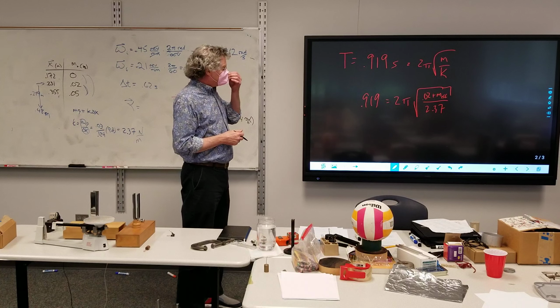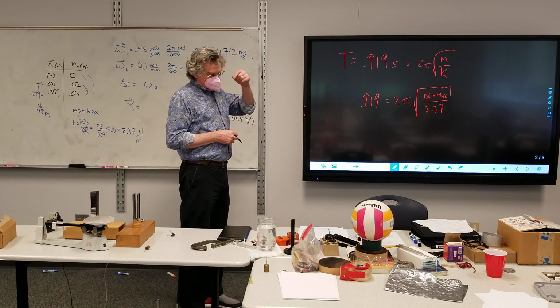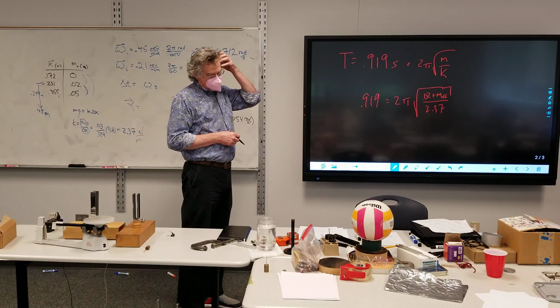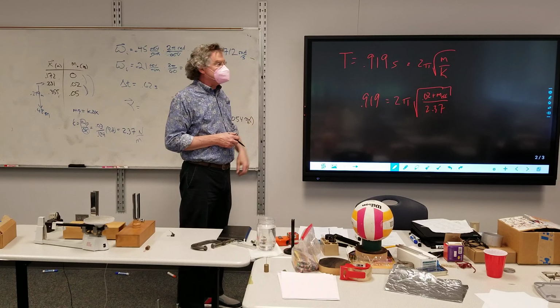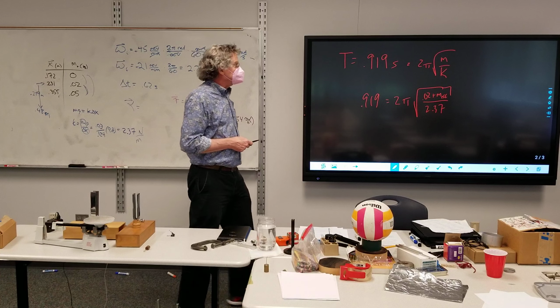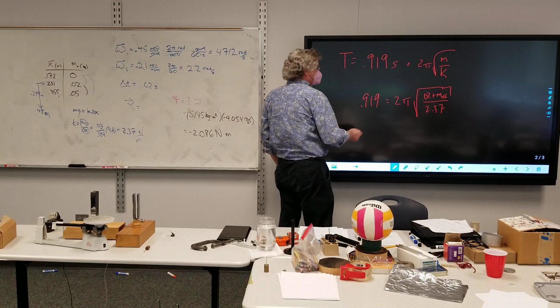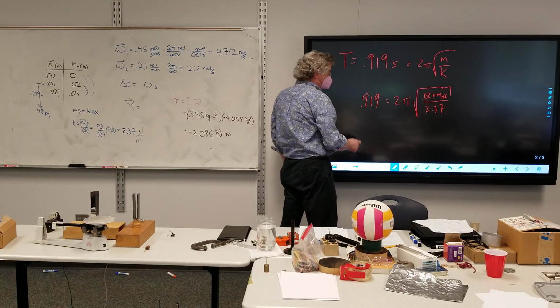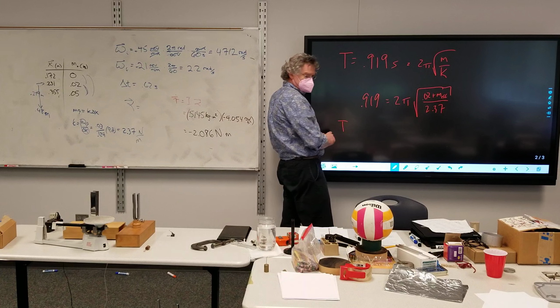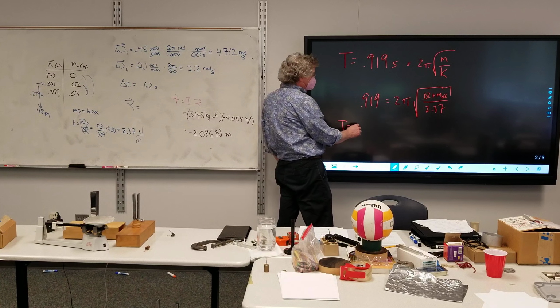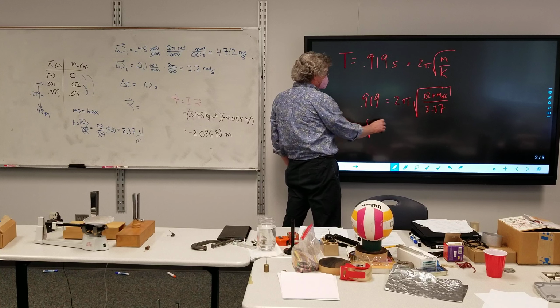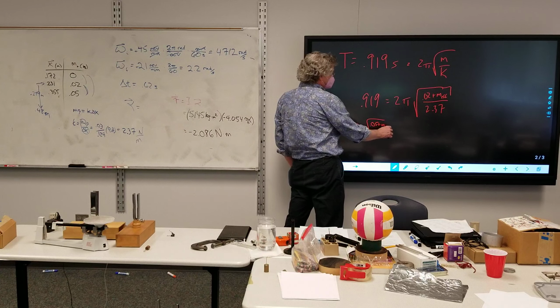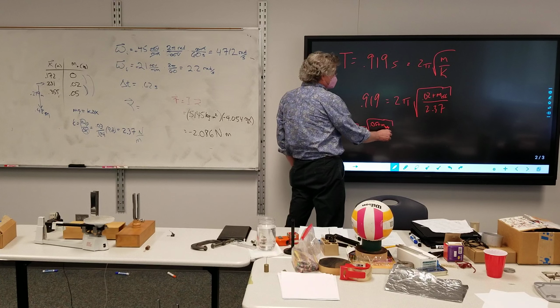Once we have the effective mass, part C is if we now use the 50-gram mass instead of the 20-gram mass, what is the period? Whatever we get from that, for part C, the period is going to be 2 pi times the square root of 0.05 plus the effective mass divided by 2.37.